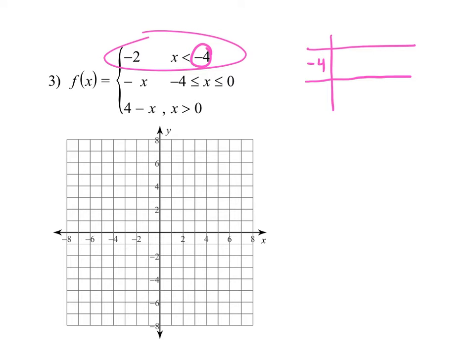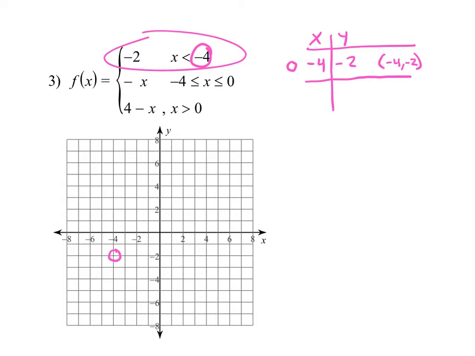What is our y when x is negative 4? Negative 2. So then what's our point? Negative 4, negative 2. Do we have an open circle or closed circle here? Open. So we go to the left 4, because it's negative 4, and down 2, and put an open circle. Now we need to plug in another number.